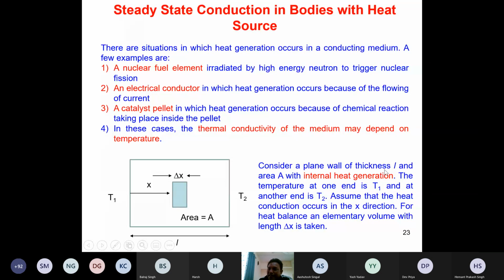This flat slab is of length small l, its cross-sectional area is A. Again, there is an internal heat generation, the temperature at one end is T1, the temperature at the other end is T2, and we are looking at the heat conduction from T1 to T2 along the direction X. Let's consider an element of thickness delta X at a distance X from the left-hand side.